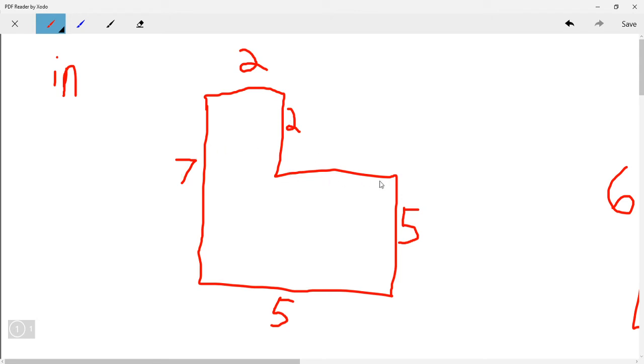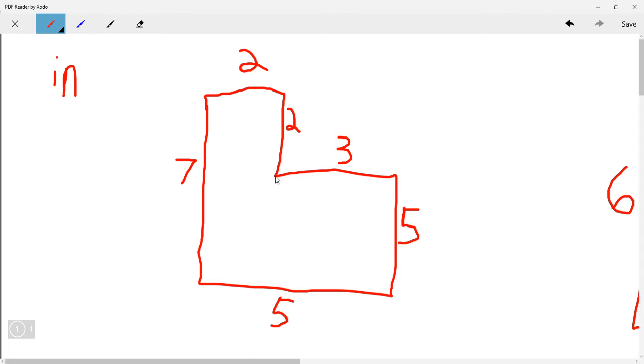And for this one, this is 5, okay? And this piece is 2. So this piece right here has to be 3, because this line plus this line equals the length of this line. So now that we have all of these, we can do these problems in one of two ways.